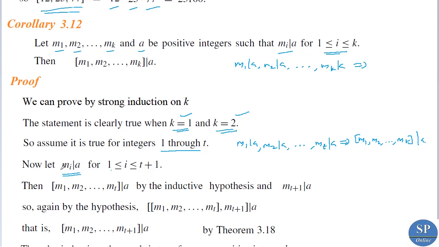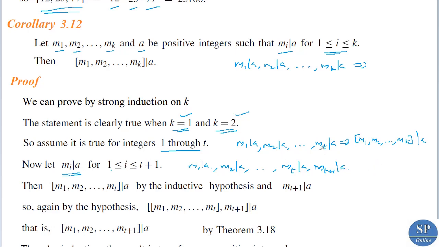That is, m1 divides a, m2 divides a, etc., mt divides a, and mt plus 1 divides a. Now we have to show that this implies the LCM of m1, m2, etc., mt, mt plus 1 also divides a.